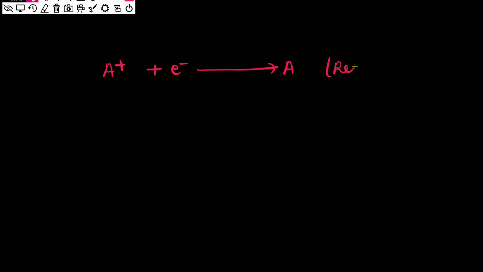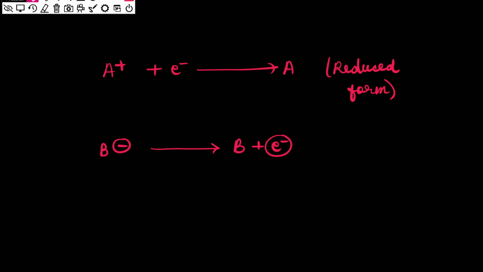This is the reduced form of A. Similarly, this will be my anion, and as soon as it reaches the anode, it will be oxidized and it has to release this electron. So this is what happens: either oxidation can happen or reduction can happen. This is either the reduced form or the oxidized form of the cation and anion. Also remember that the more charge is passed, the more ions will be discharged.